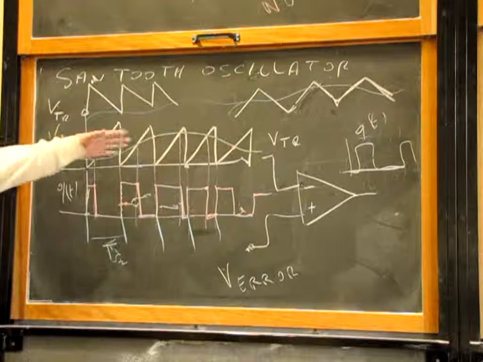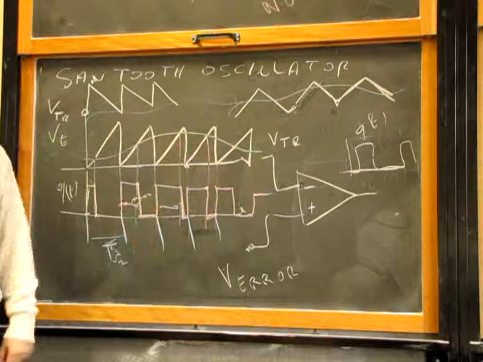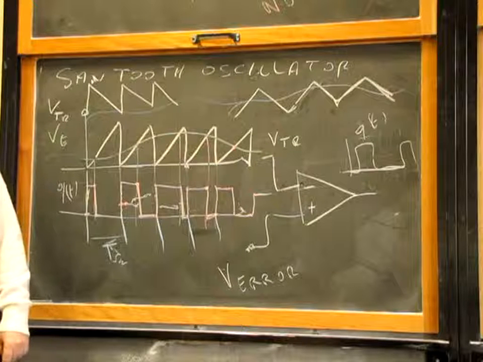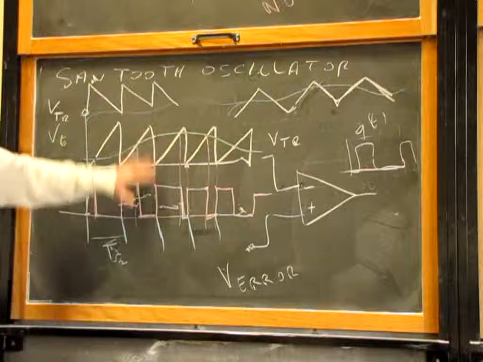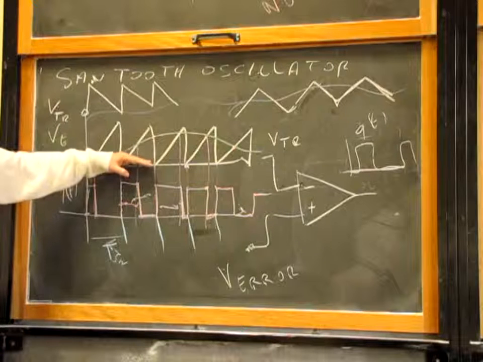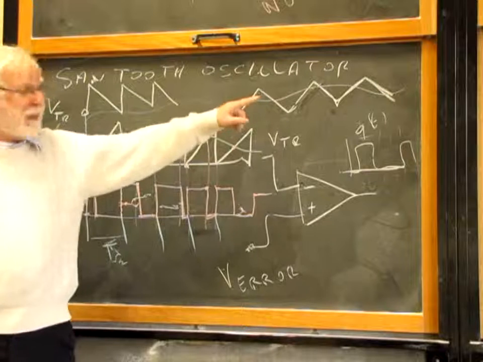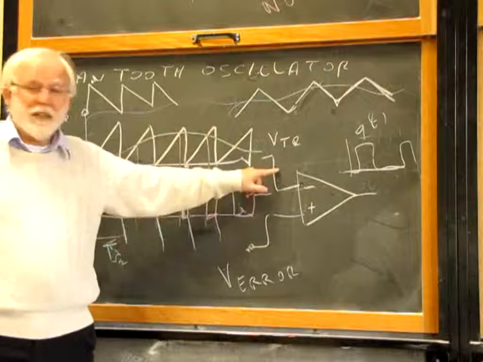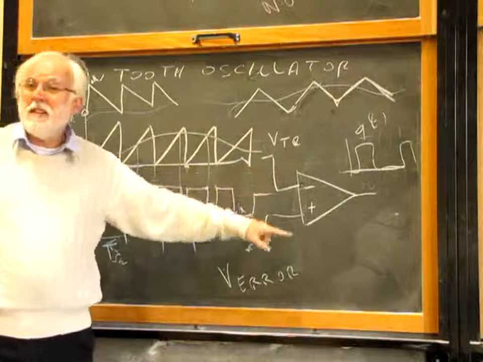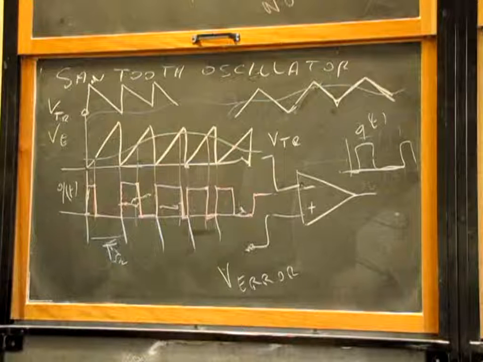So people got started with this configuration. In all these modulations, leading edge, trailing edge, double edge, if you compare the input error signal with the sawtooth or the triangular waveform, this is called natural modulation.